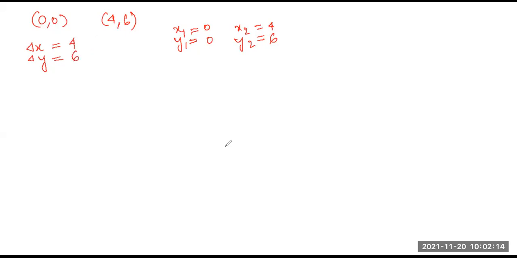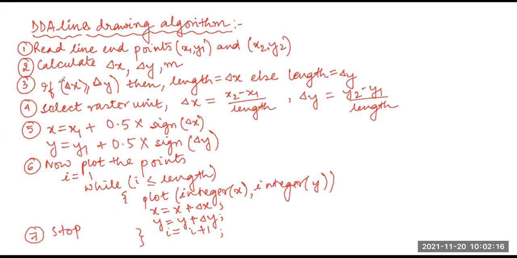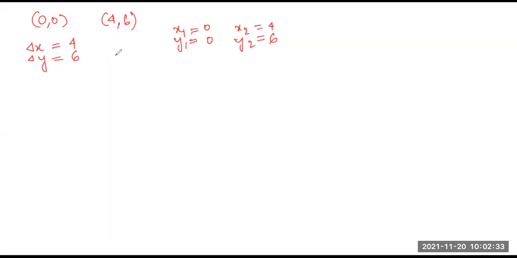Now, the next line says that we need to check a condition. The condition is if del x value is greater than or equal to del y, then I will take one value of length. If it is not, I will take another value of length. So according to my sum, my del x is lesser than my del y. Yes or no? Yes, ma'am.